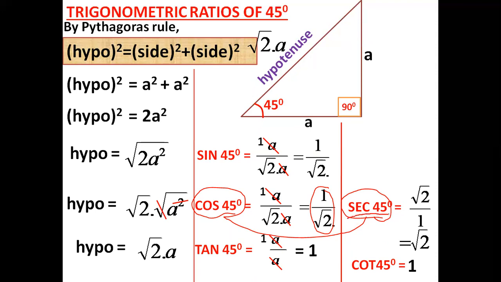Or you can go through the definition of sec 45. What is the definition of secant? Hypotenuse by adjacent side of 45 degrees.